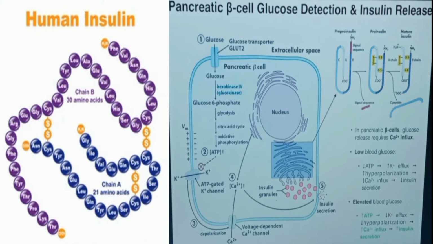Coming to the second step, the ATP sensitive potassium channels. As we know, the intracellular potassium concentration is higher compared with the extracellular concentration. Because of this, potassium will diffuse out, meaning there is potassium efflux.